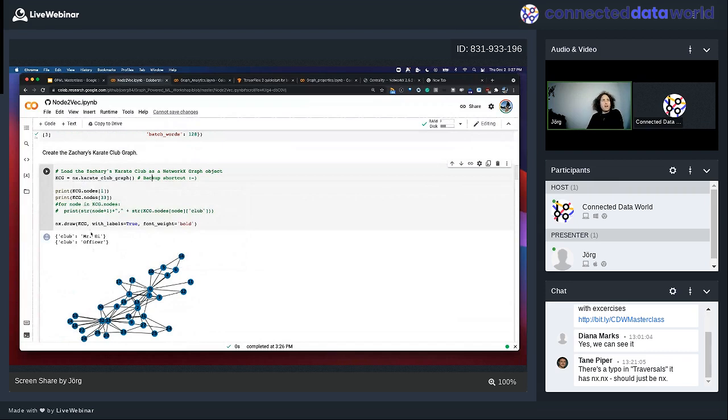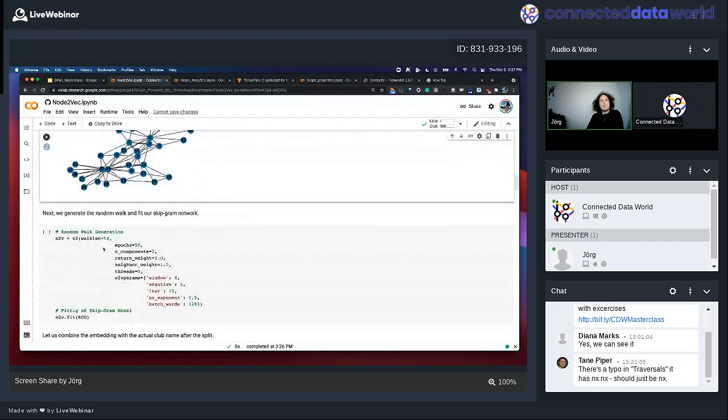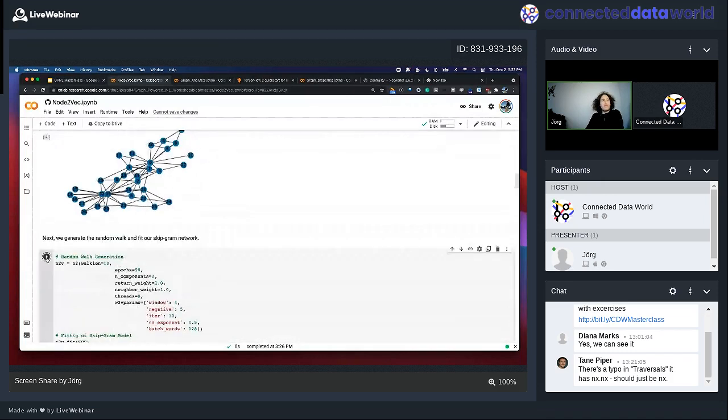What we furthermore have is some information on where they ended up in the end. This is the node feature, and it basically says Mr. High club or Officer club. Those are the two competing clubs they might end up in. What we do next is generate our random walks and then fit our skipgram model.